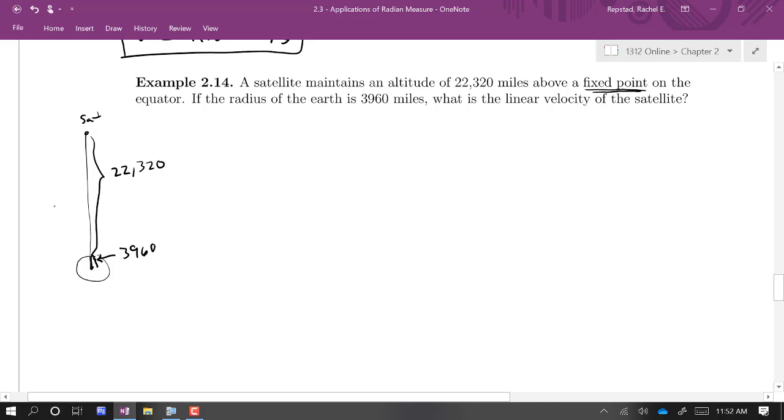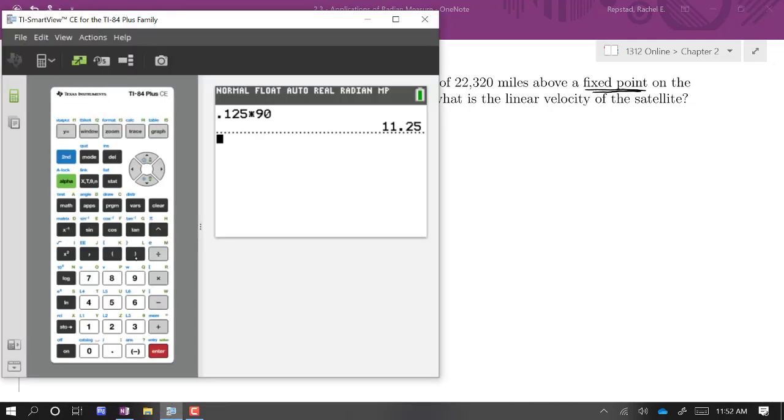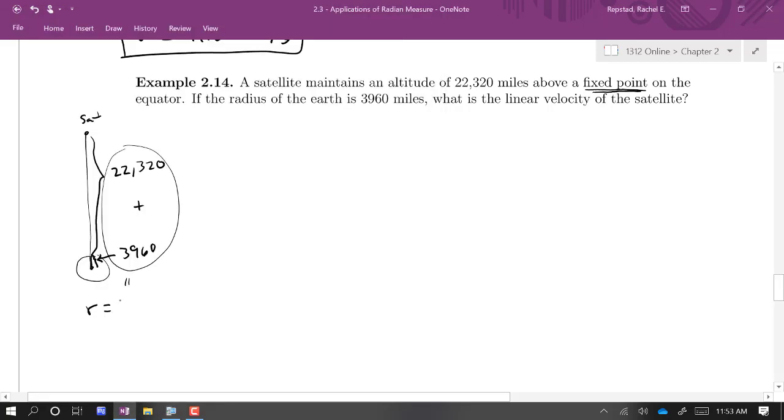So the overall radius that we want is going to be the sum of these 2 points. So 22,320 plus 3,960 is 26,280. So we have our radius now, and that's miles.